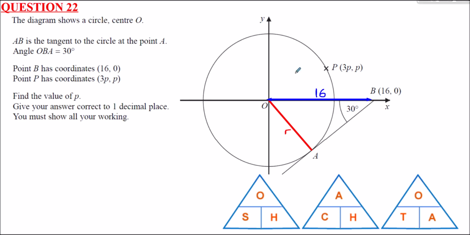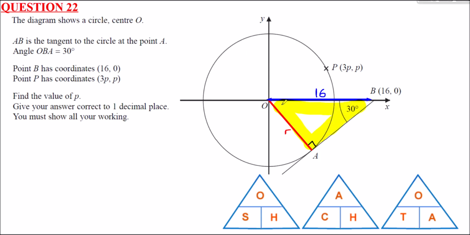We also know the angle between OB and AB, which is 30 degrees. So we know this side here. So relative to this bottom triangle, which I'm just going to quickly colour in so you can see which one I mean. Not that there's any confusion, there's only one triangle I've drawn.